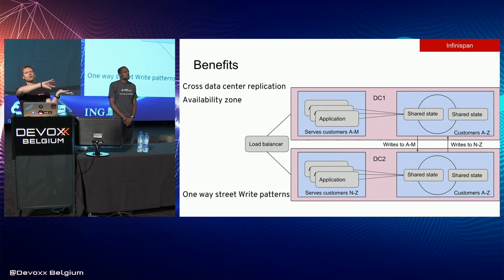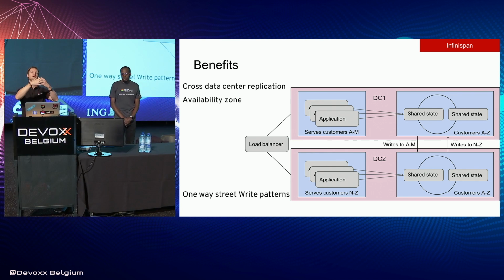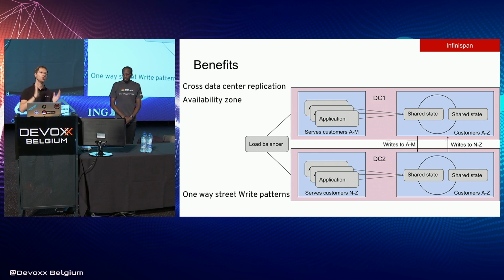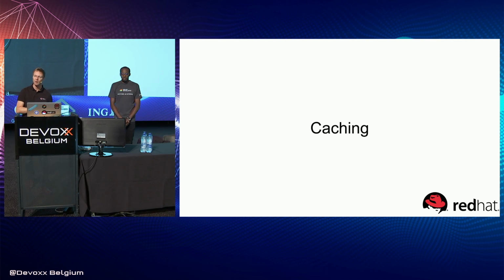So all of the changes for the users from A to M will always happen on data grid number 1 and go down as a write replication to database number 2. And of course, customers N to Z are going the other way around, but they don't overlap on the same key. So it's a very nice pattern, avoiding a lot of trouble. Use it for data grids, use it for Kafka, any kind of replicated system that needs to go that way.